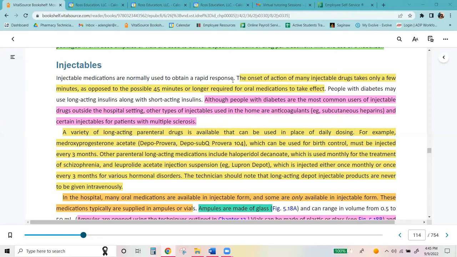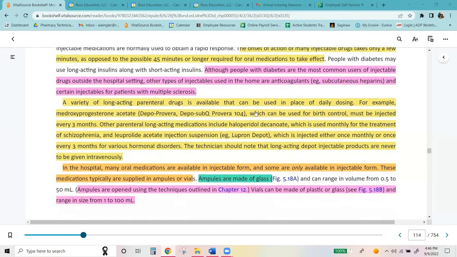Other parenteral long-acting medications include haloperidol decanoate, which is used monthly for the treatment of schizophrenia, and leuprolide acetate injection suspension, which is the generic for Lupron Depot, which is injected either once monthly or once every 3 months for various hormonal disorders. The technician should note that long-acting depot injectable products are never to be given intravenously.